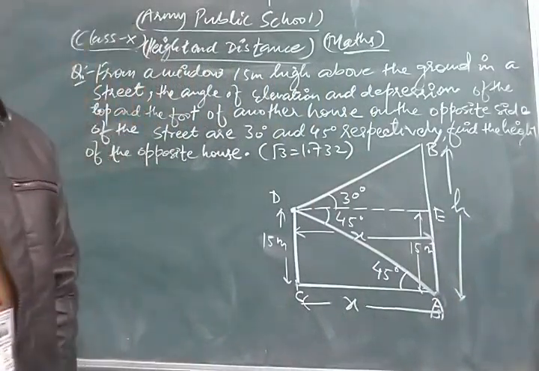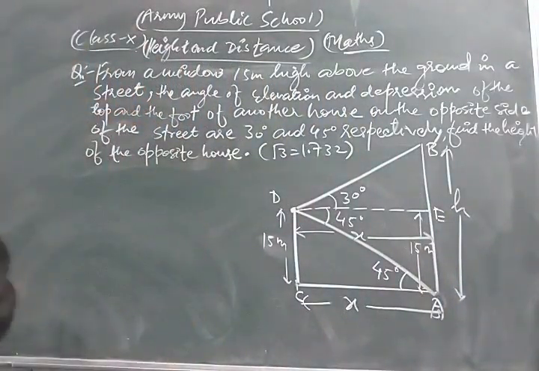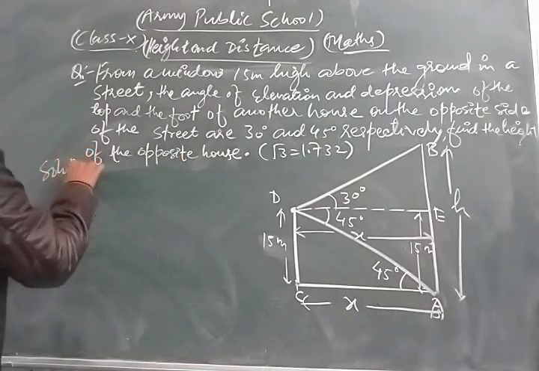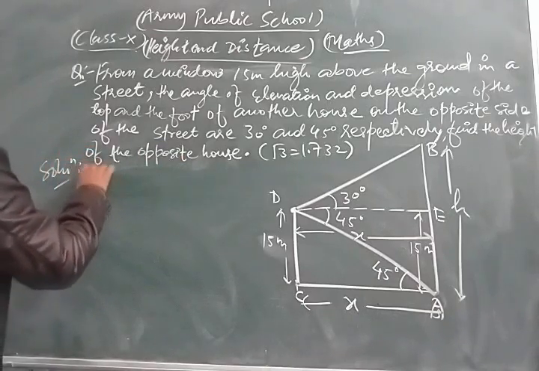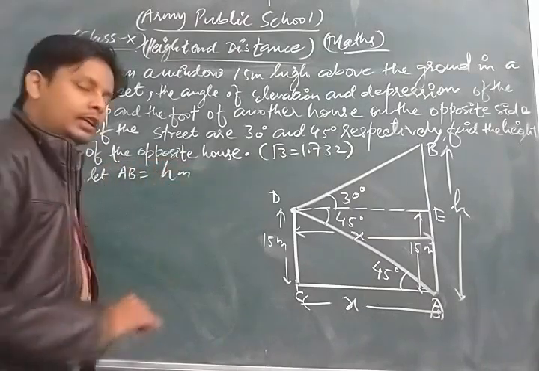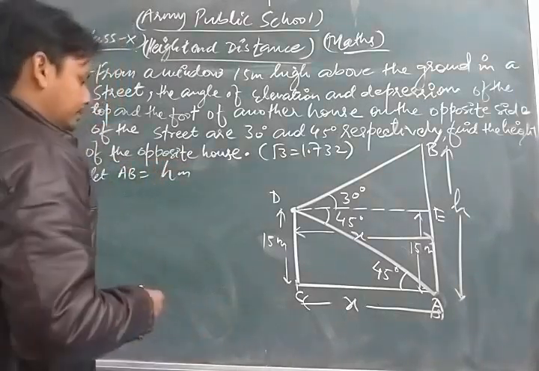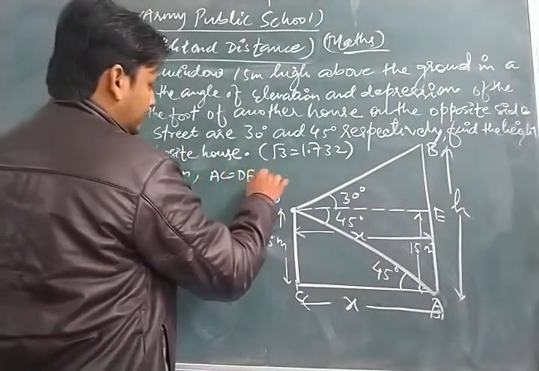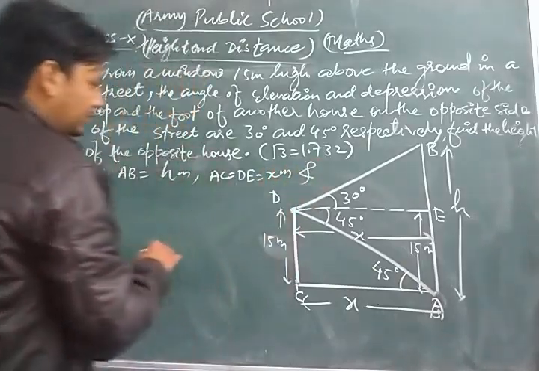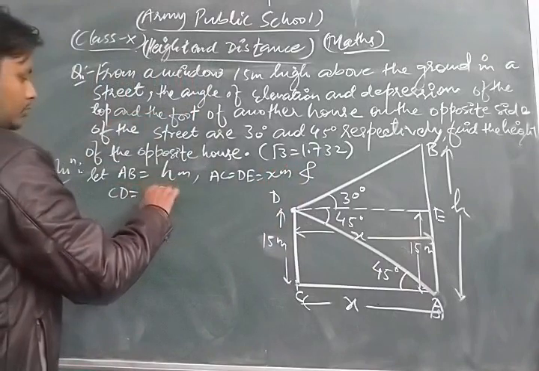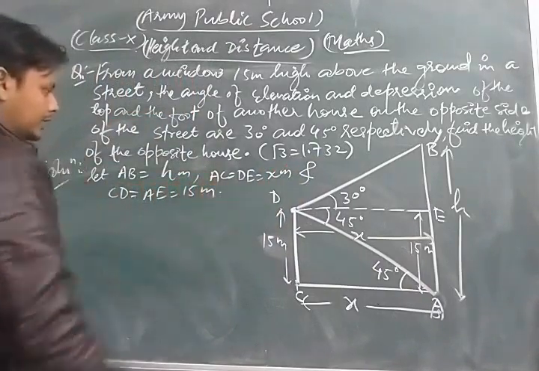Okay. Now let's see its solution. Let AB be equal to H meter, which is what we require and want to find here, and AC is equal to DE is equal to X meter, we take. CD is equal to AE, each equal to 15 meter respectively.